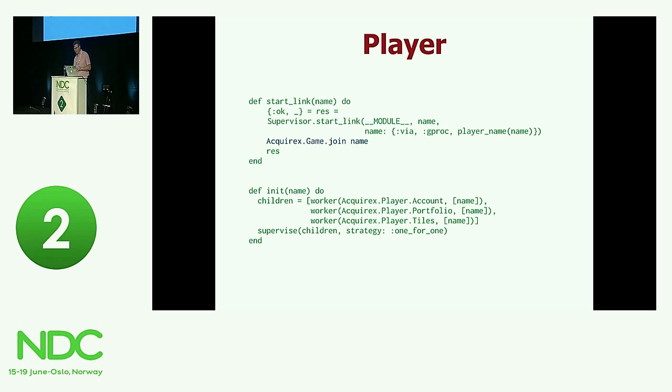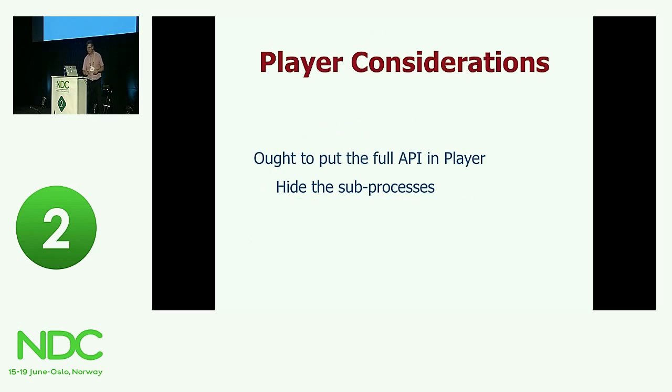Yeah. Then there's one thing, and I haven't done that yet. The way I've done this, I actually expose to everybody that the player consists of these three processes. And that's actually not good software design. As I told you, I'm not perfect. I don't get things right the first time. The right thing to do, I think, would be to put an API on what a player is into the player module.